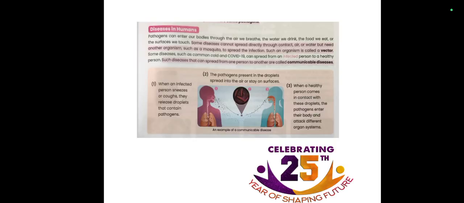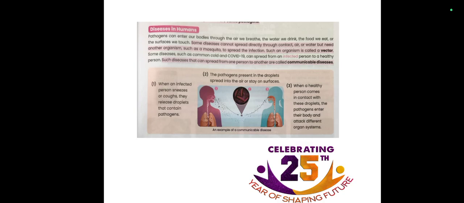Okay, so let's start the topic. The topic is disease in human. We already know there are some diseases which are spread not by human contact. They are spread by some organisms like mosquitoes, like flies.